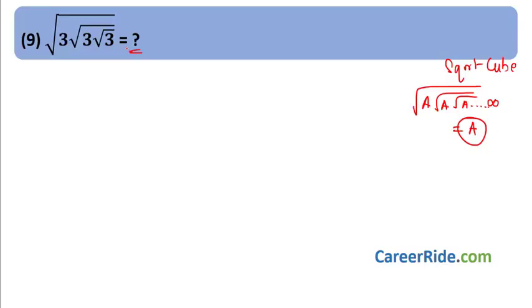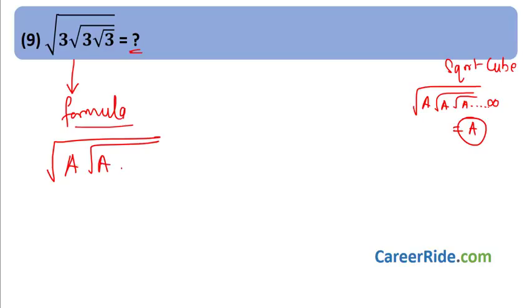So how to find the answer for this? Let us see. This is very easy. There is a very easy formula for this. The formula is that if you have a root of a up to n times, here n is not infinity, n is some finite number, 10, 20, n times.